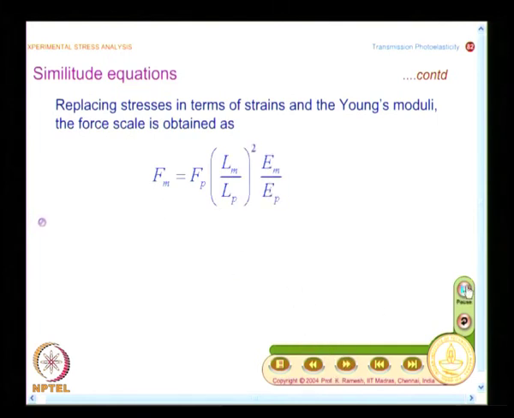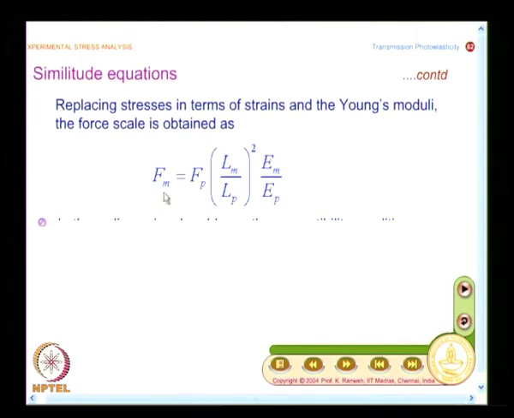So, what we do is we replace the stresses in terms of strains and the Young's moduli. The force scale is obtained as the force that I need to apply on the model is related to the force that is coming on the prototype into Lm by Lp whole squared into Em by Ep. So, I bring in the elastic constants, and obviously, when a prototype is steel, it is about 210 GPa and model is about 3 to 4 GPa.